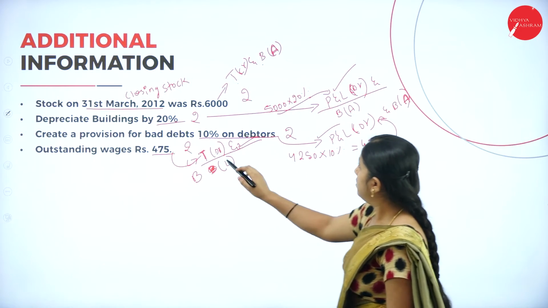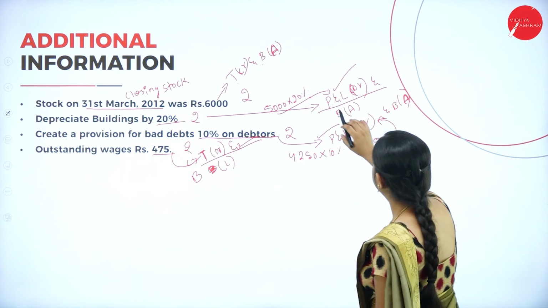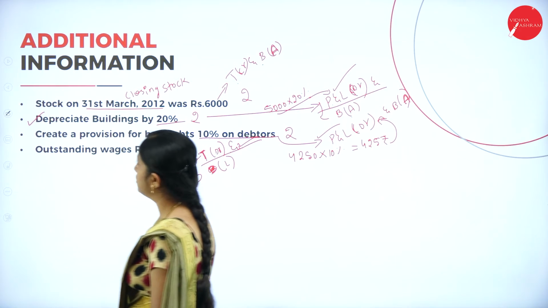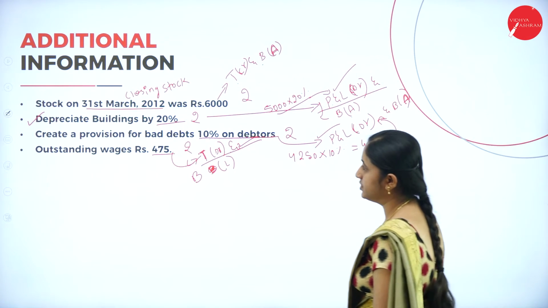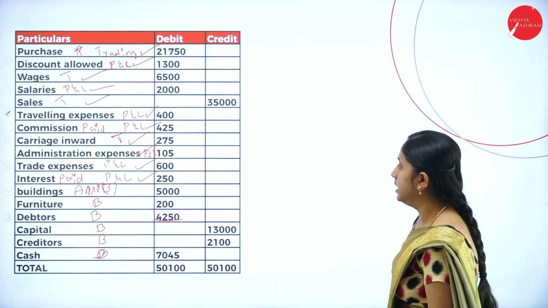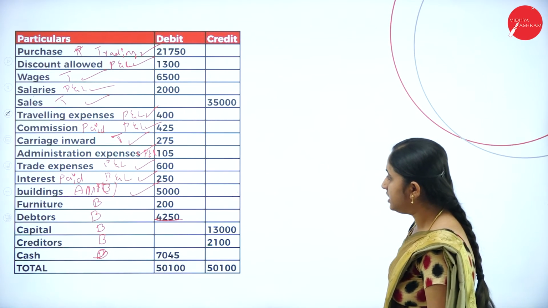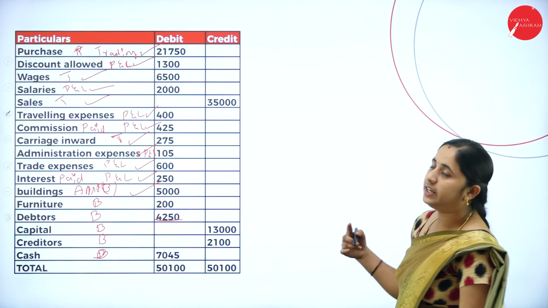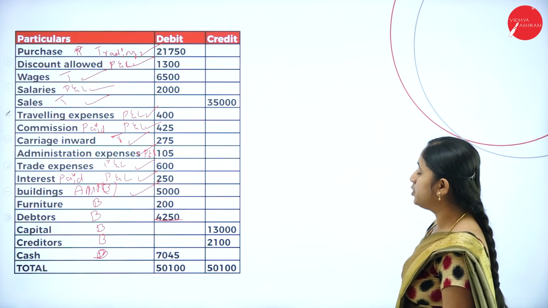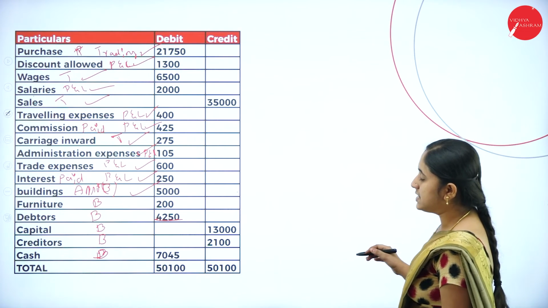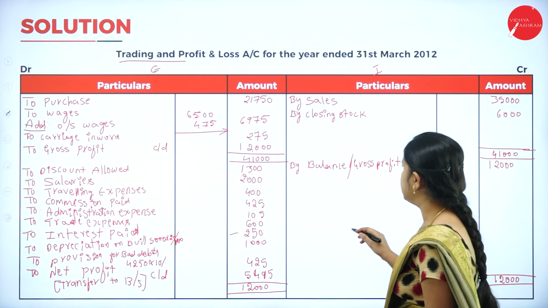So depreciation once in P&L account and in balance sheet we have treated twice. So this depreciation adjustment is over. Then furniture. Furniture we don't have any adjustment. So furniture 200 directly write in the outer column. Furniture is asset, balance sheet, asset side.